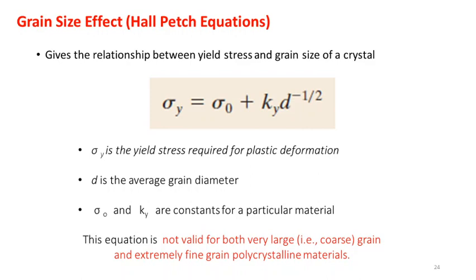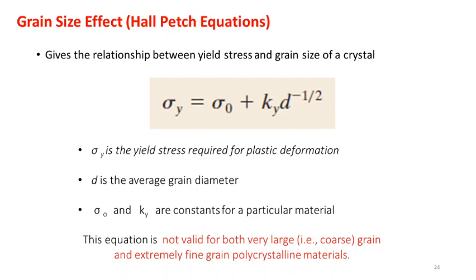It is an inverse relation. As the grain size reduces, the strength increases; as the grain size increases, the strength decreases. This relationship is called the Hall-Petch equation.